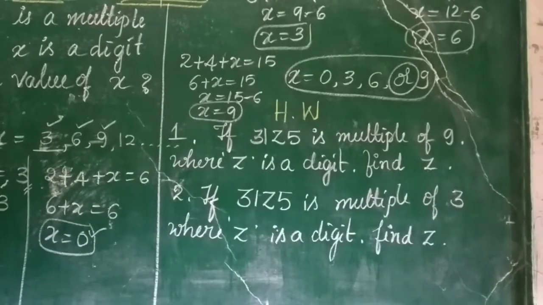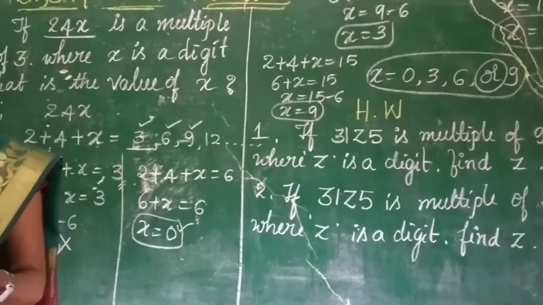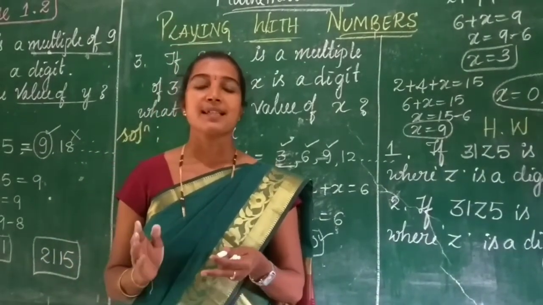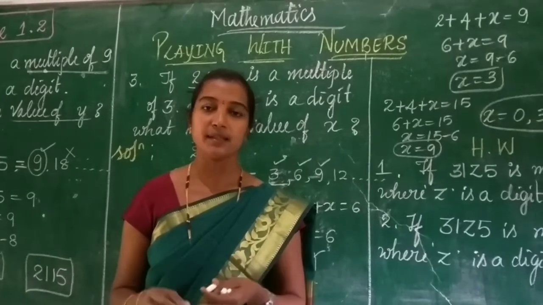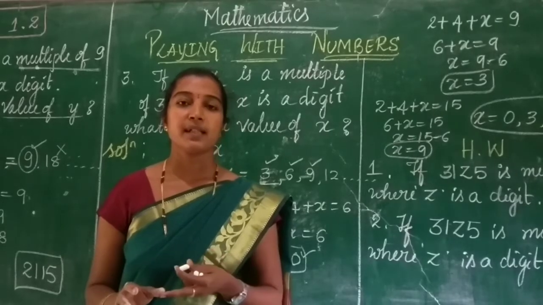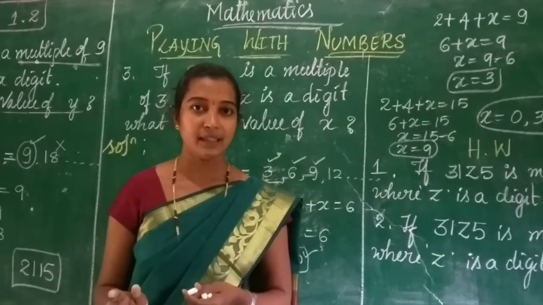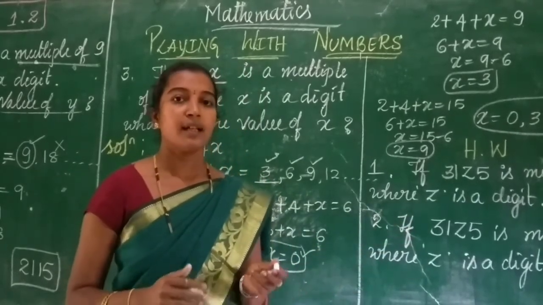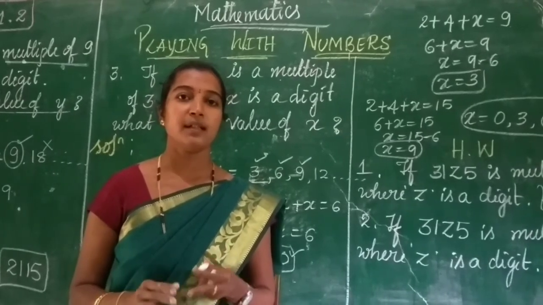In this chapter, we have discussed so many concepts such as the generalized form of a number, how to find the letters present in the problem, some games related to numbers, divisibility tests of 10, 5, 3, 9 and some problems related to divisibility tests. I hope that all of you understood properly. Thank you.